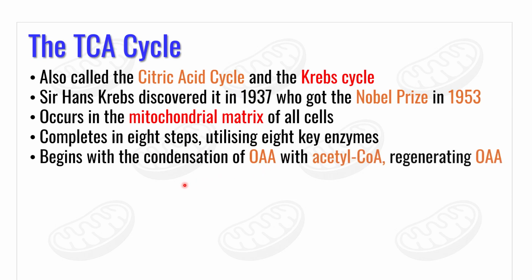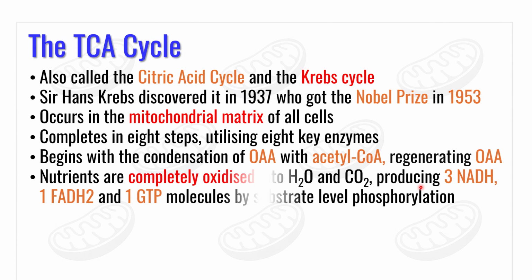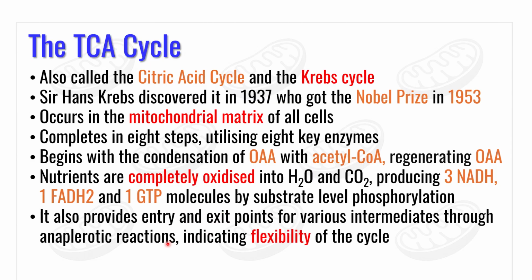It begins with the condensation of oxaloacetate with acetyl-CoA, regenerating oxaloacetate at the end of the cycle. Nutrients are completely oxidized into water and carbon dioxide, producing 3 NADH and 1 FADH2 as reducing potential and 1 GTP molecule by substrate level phosphorylation. It also provides entry and exit points for various intermediates through anaplerotic reactions, indicating flexibility of the cycle.